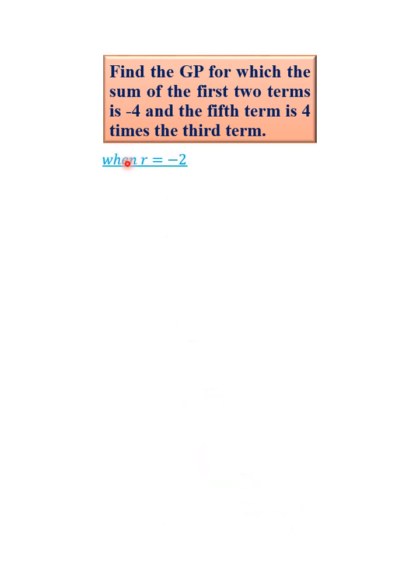Now let's see when R equals minus 2, because we have 2 values of R. When R equals minus 2, the first term A will equal minus 4 all over 1 plus R, and that is equal to minus 4 all over 1 minus 2, because R is minus 2. 1 minus 2 will give you minus 1. Minus 4 divided by minus 1, the minus will cancel out, and that will give us 4.